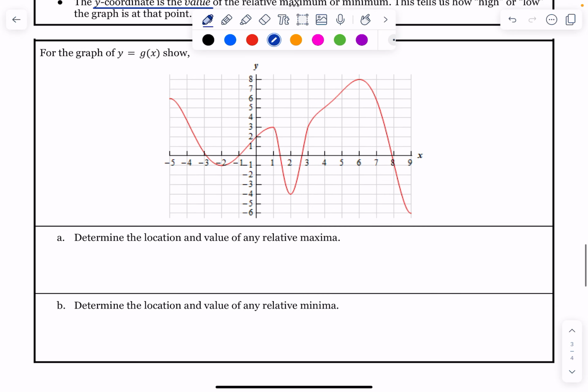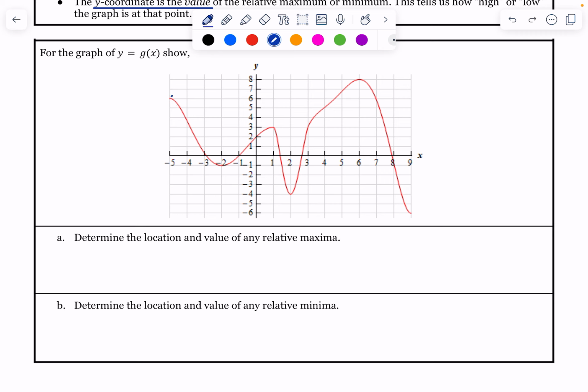So if I'm looking at this graph, part A says determine the location and value of any relative maxima, and then part B says determine location and value of any relative minima. So if I'm looking at this graph, and note, you can't use the endpoints either, is what it's saying. So I'm not going to use that or that.